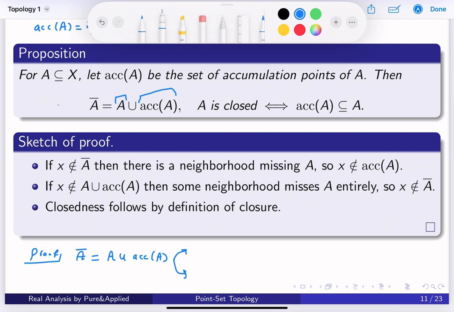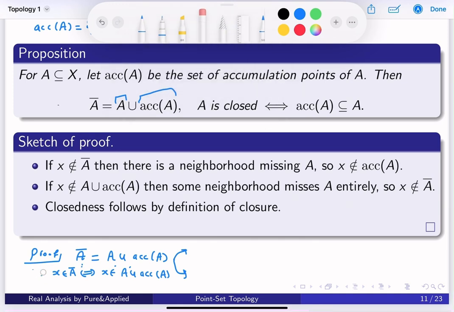We want to show that if X is here, then X is here, and if X is here, then X is here. So showing this is the same thing as showing X is in A bar if and only if X is in A union A', the accumulation set of A.